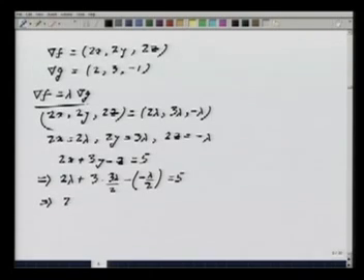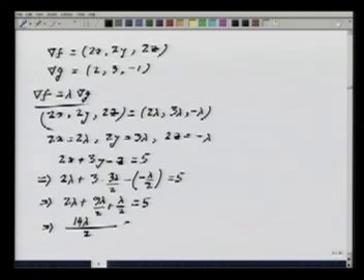So this implies 2 lambda plus 9 lambda by 2 plus lambda by 2 is equal to 5. So this implies I have 14 lambda over 2 equal to 5. So this implies lambda equal to 5 by 7, which is a simple calculation.